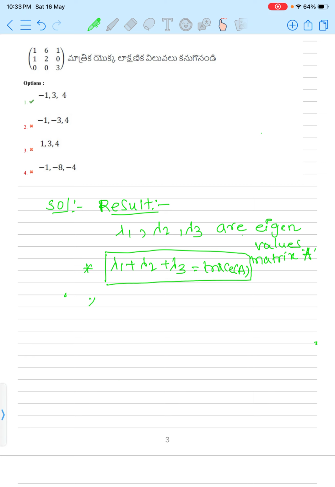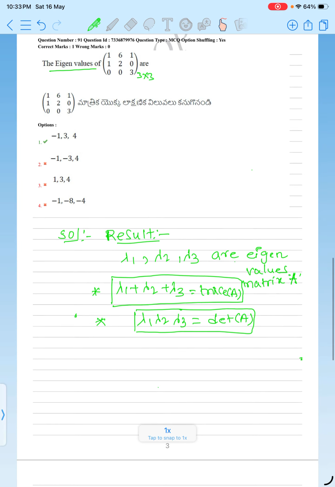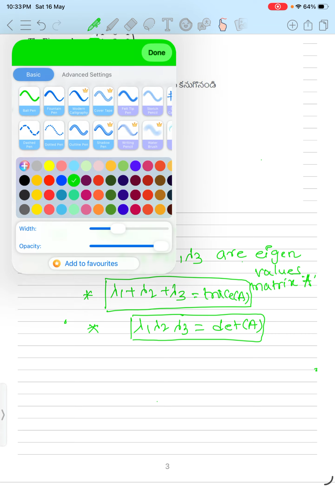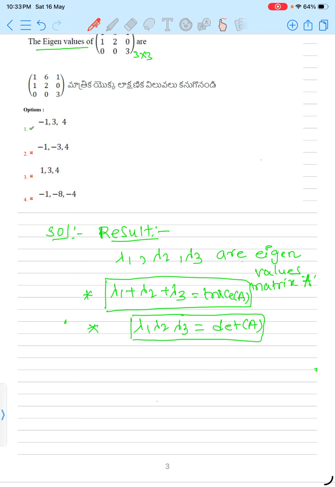And one more result is that the product of the eigenvalues, lambda 1 into lambda 2 into lambda 3, is equal to the determinant of the matrix A. These are the two important results. By using these results directly we can tell the possible eigenvalues of a given matrix.